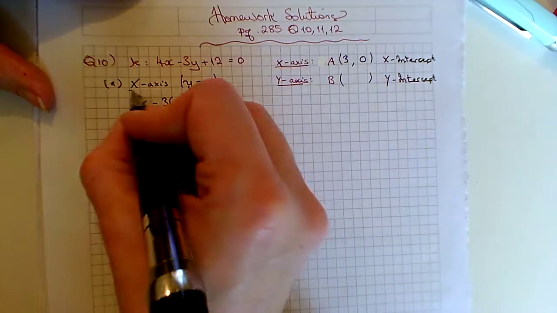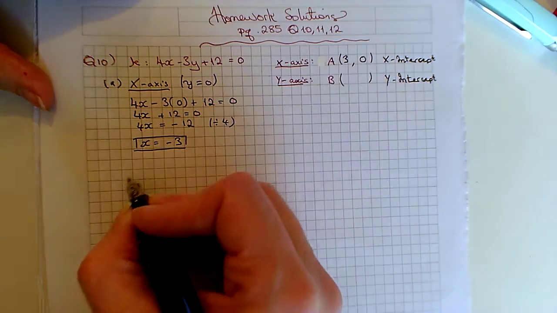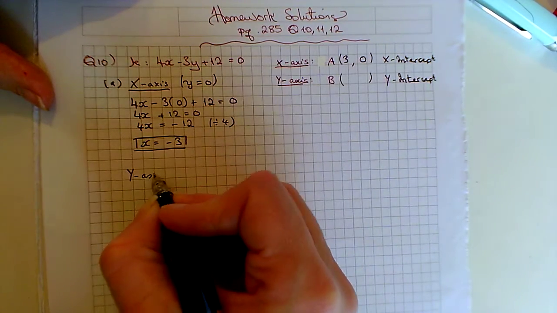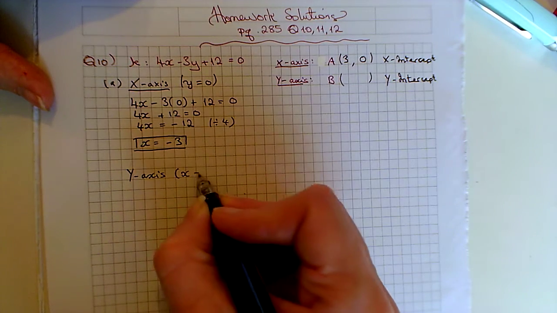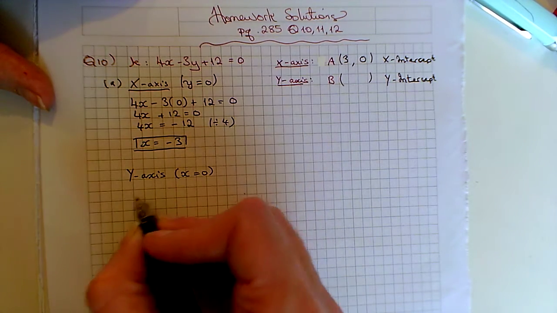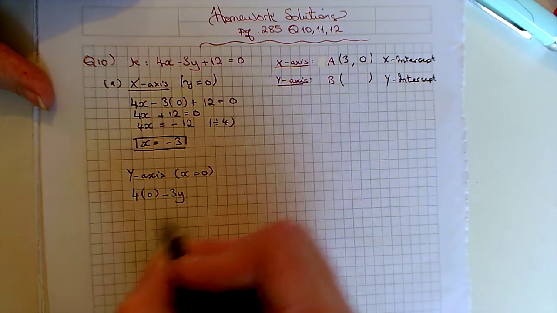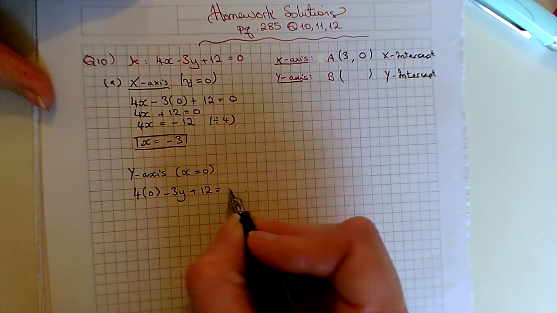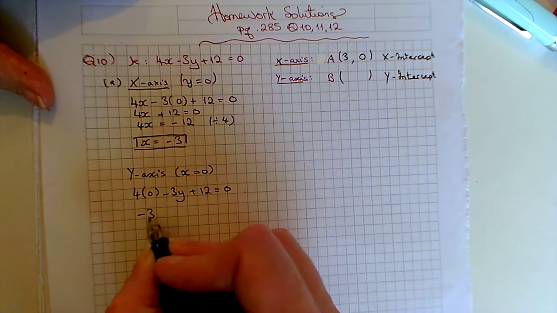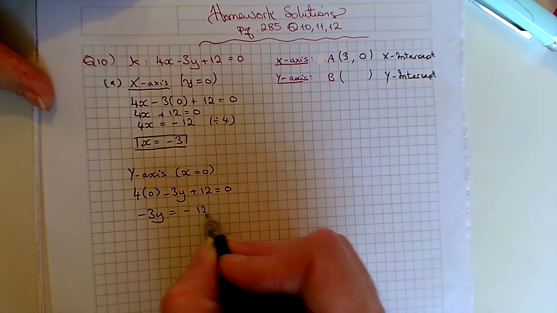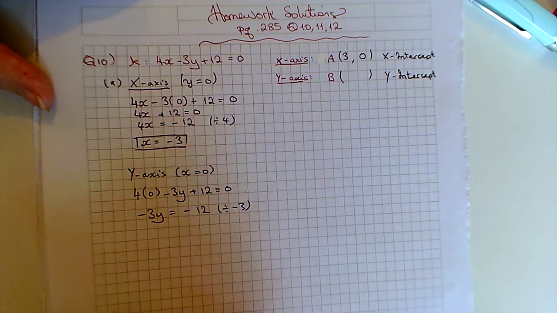Okay, so that's the x-axis, and similarly we can find where it cuts the y-axis by subbing in x equal to 0. So instead of x, I have 0. Minus 3y plus 12 is equal to 0. So negative 3y is equal to negative 12, and I divide across by a minus 3.